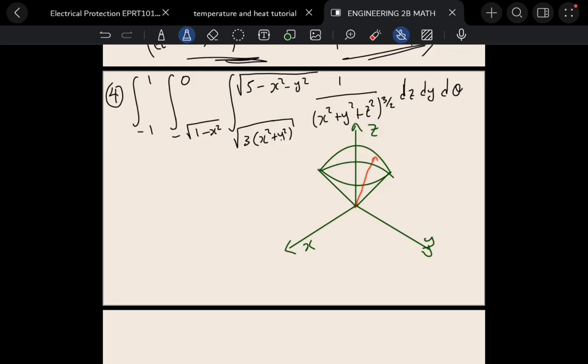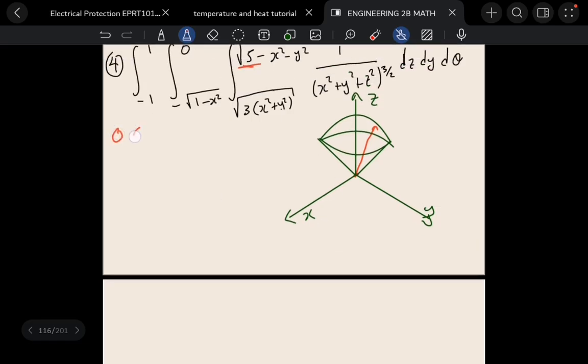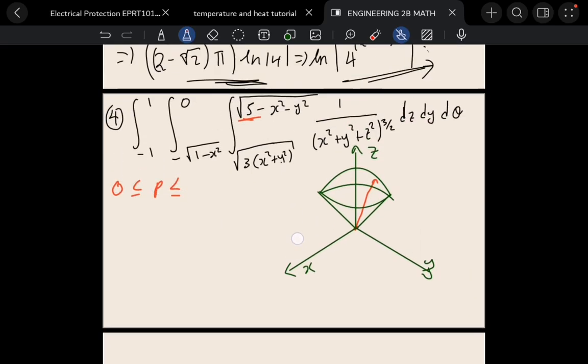Now, your phi is measured from this point to that point. Your outer point is what? It is a hemisphere, and you just simply take the square root of that number. So your rho is measured from 0 to root 5. Your theta is quite different now.